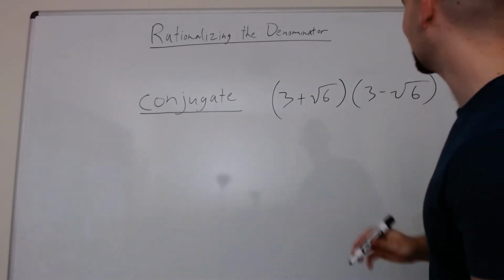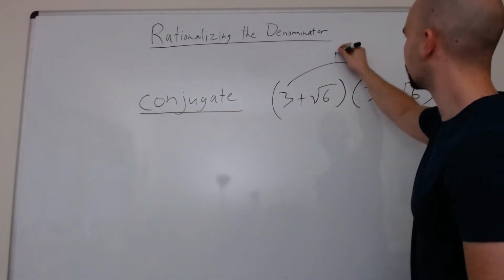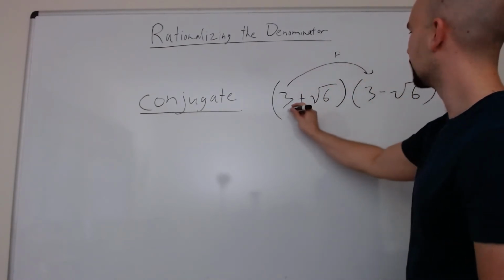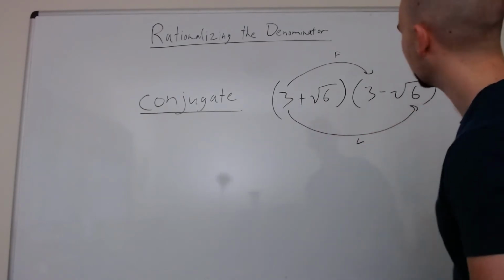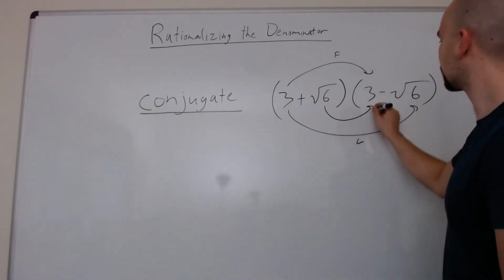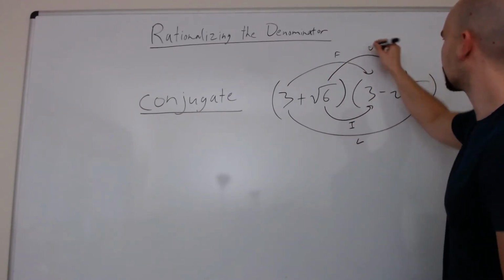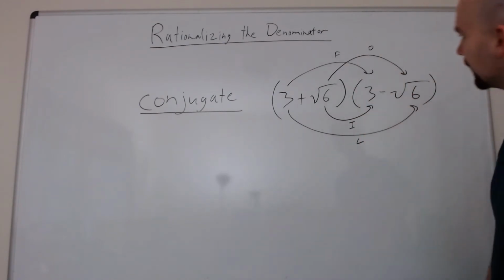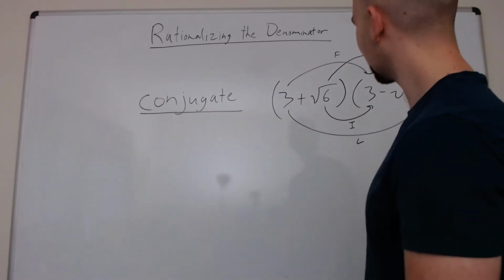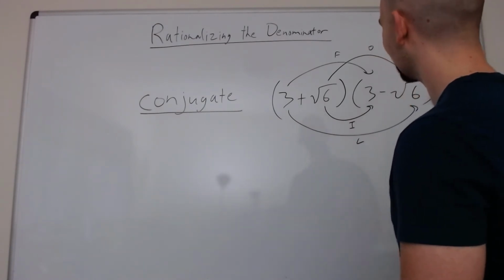We're going to do the whole FOIL thing. So first, and then we're going to do lasts, and we're going to do inner, and we're going to do outer. So FOIL. Should I do the square or the full written way?